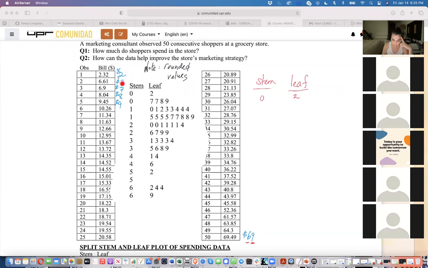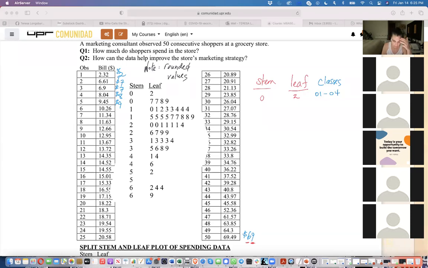The next value is 7. Now notice something is funny here, because I'm dividing the data in even intervals between 0 and 4. So all the values from 0 to 4, so 0, 1, 2, 3, 4.